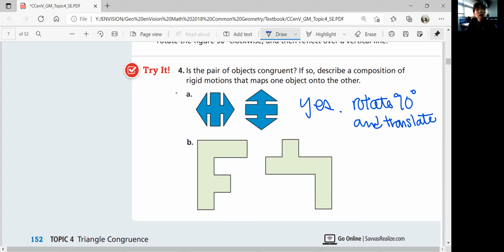Okay, is part B congruent? The shapes look similar, but are they really congruent? No. Look at this one. It's F. Do you see F here? No, there needs to be a square over here, not there, right? No, not congruent.